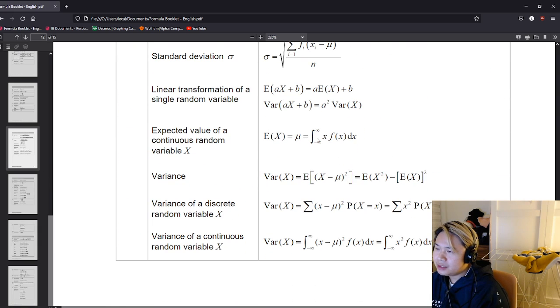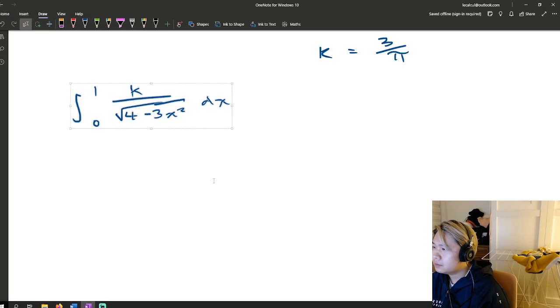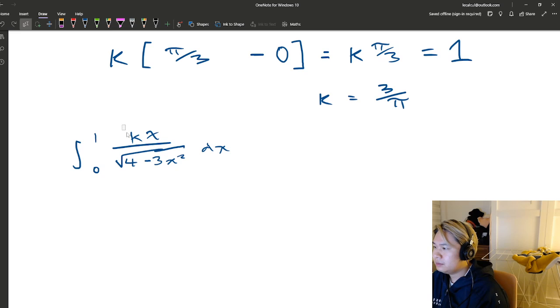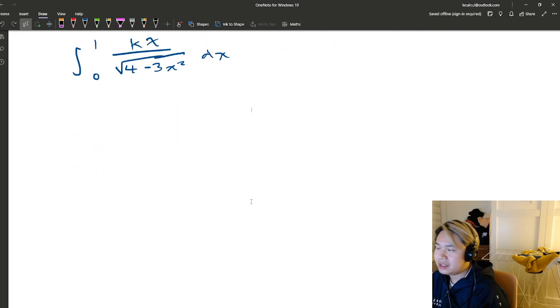All we're going to do is just integrate the function, but multiplied with an x. So now we are multiplying with an x, and from here it is no longer an HL integral. Oh, and I guess, whatever, I'll just leave it as k.